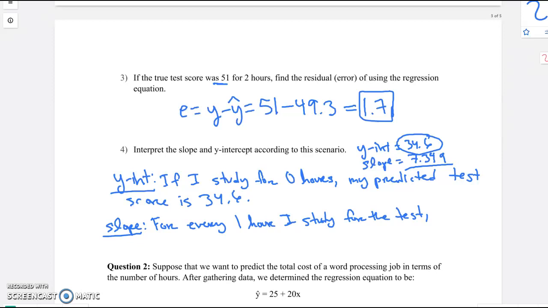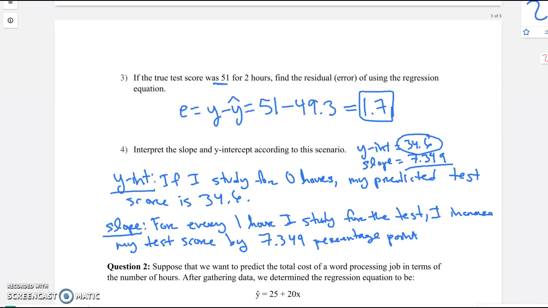Well, you guessed it, 7.349. I increase my test score by 7.349. In this case, I think it was percentage points. So for every 1 unit of x, in this case my hours studying for the test, I increase. If this was negative, I would actually decrease. So I increase my test score by this amount of units. And that's basically it.